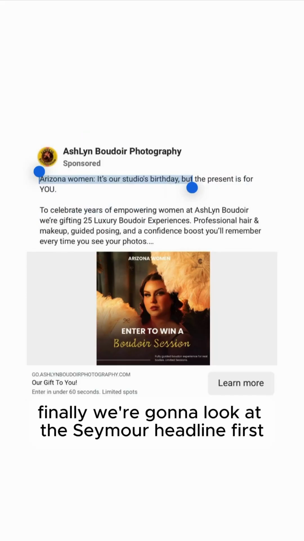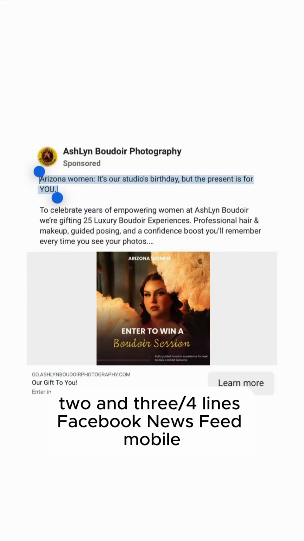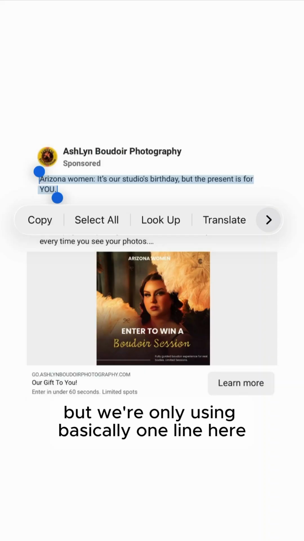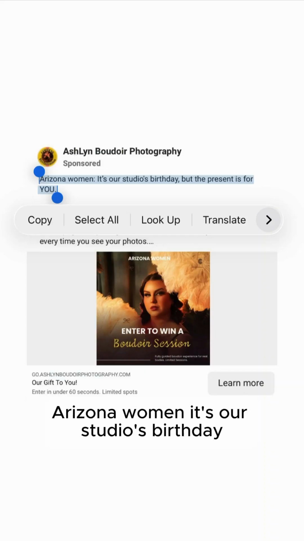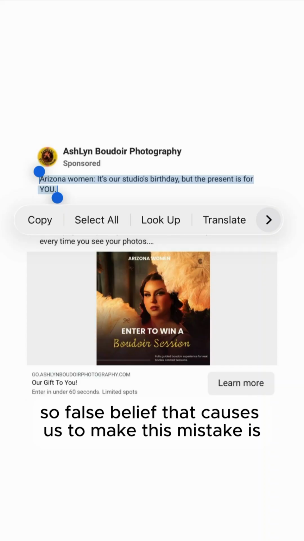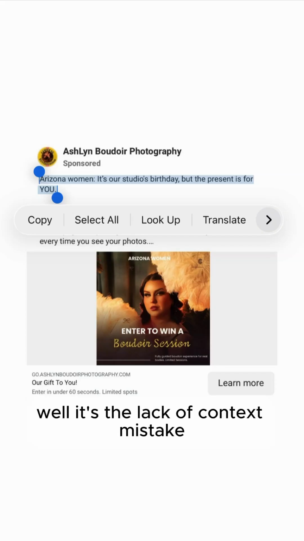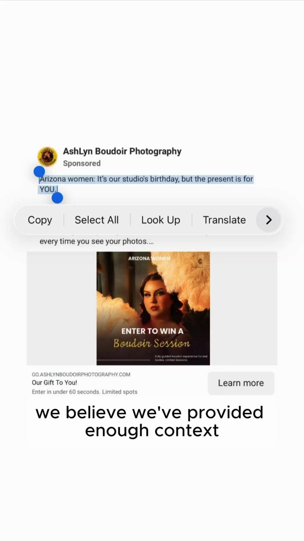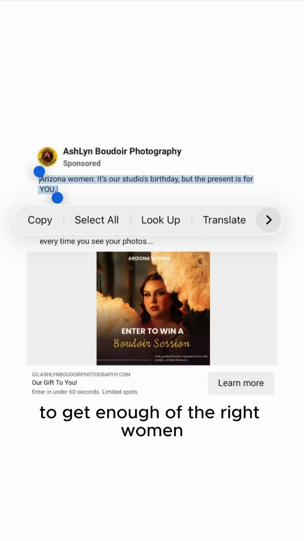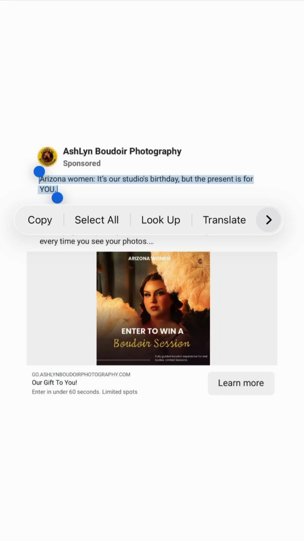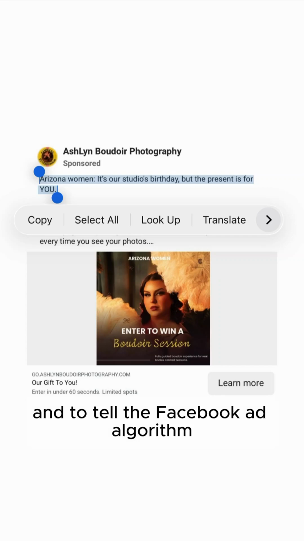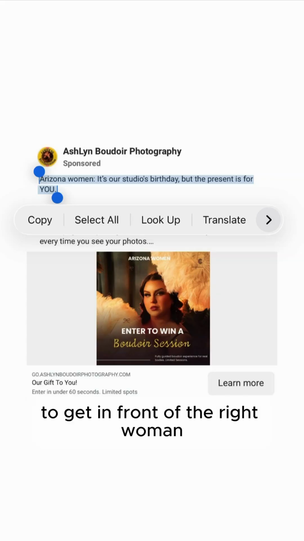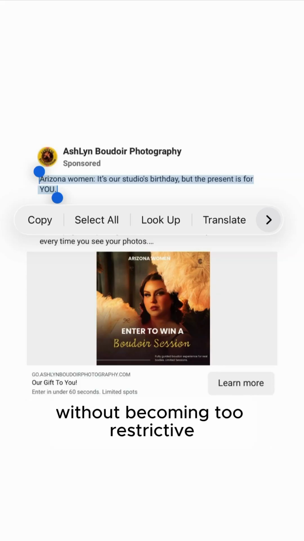Finally, we're going to look at the See More headline. First two and three-quarter lines on the Facebook newsfeed on mobile, but we're only using basically one line here. Arizona women, it's our studio's birthday, but the present is for you. So the false belief that caused us to make this mistake is the lack of context mistake. We believe we've provided enough context to get the right women to click our ad, and to tell the Facebook ad algorithm to get in front of the right women, without becoming too restrictive.